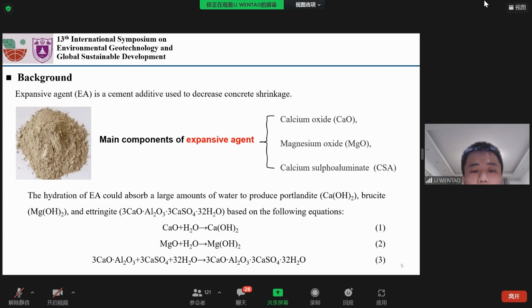The reaction between the expansive agent and water produces portlandite, brucite, and ettringite. These are bulky materials, and the reaction will consume a lot of water. So if we mix expansive agent with cement stabilized clay slurry, the expansive agent would absorb a large amount of water and produce voluminous materials to fill the voids in the cemented clay slurry.